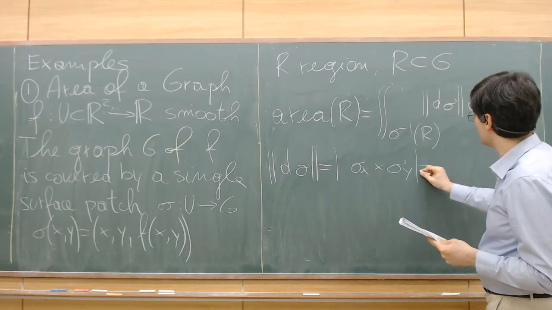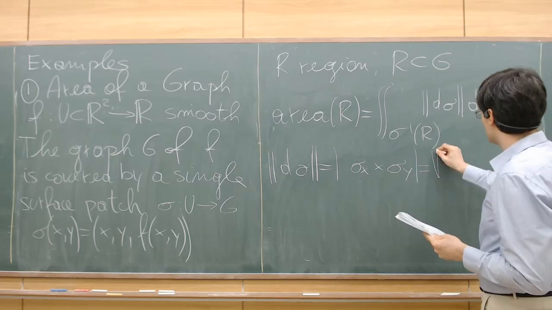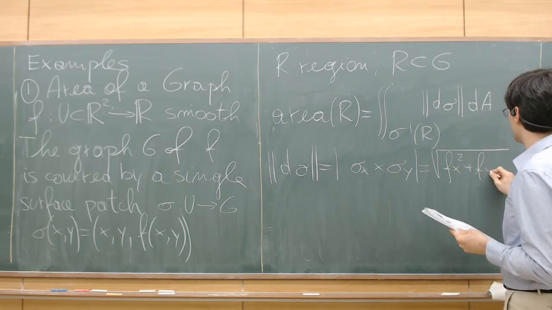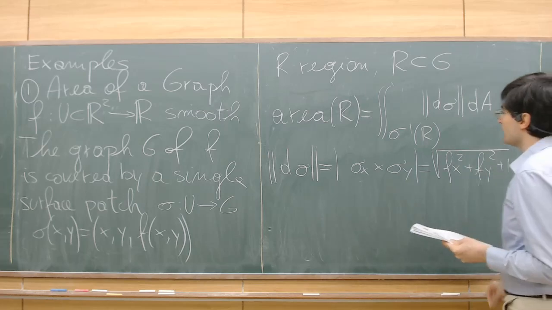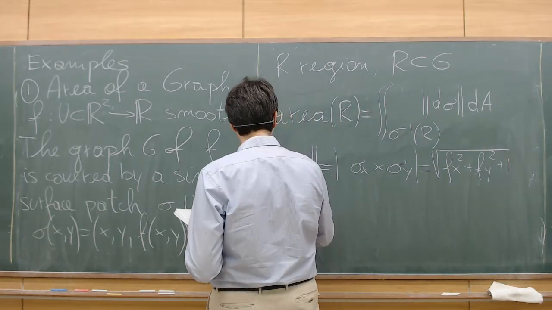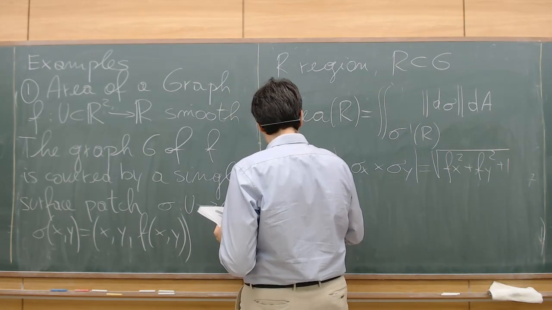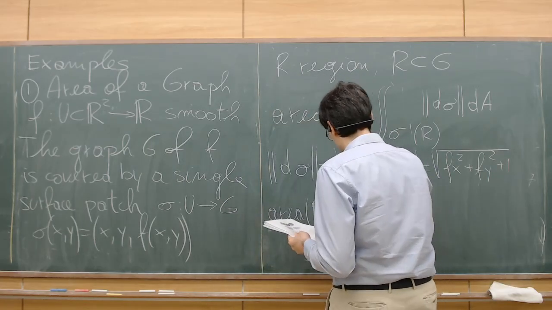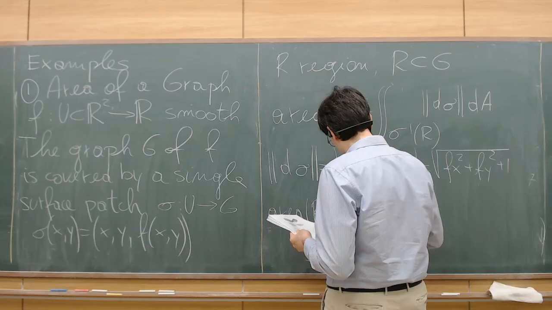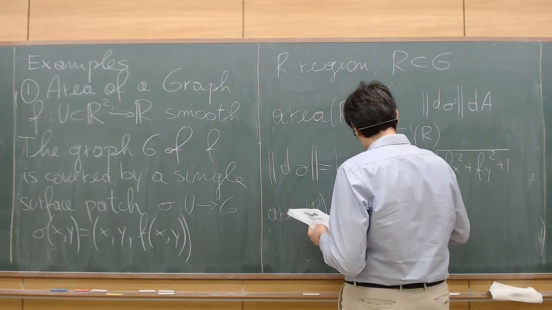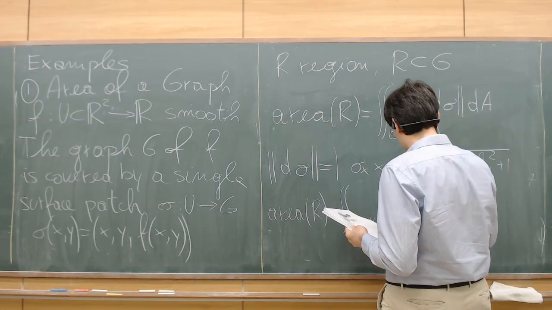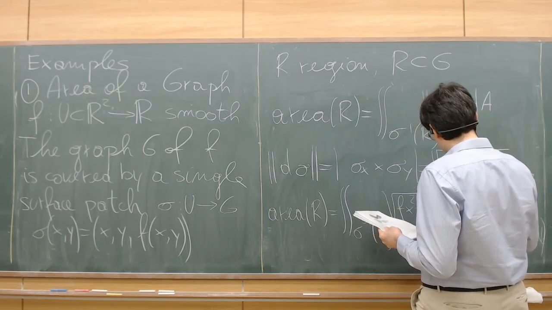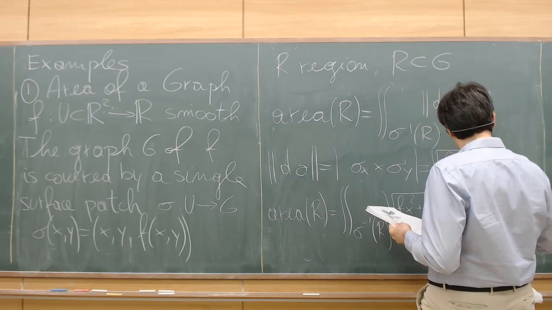And if you make a computation, you will get square root of fx squared plus fy squared plus 1. So the area of R is the double integral over sigma inverse R of square root of fx squared plus fy squared plus 1 dA.